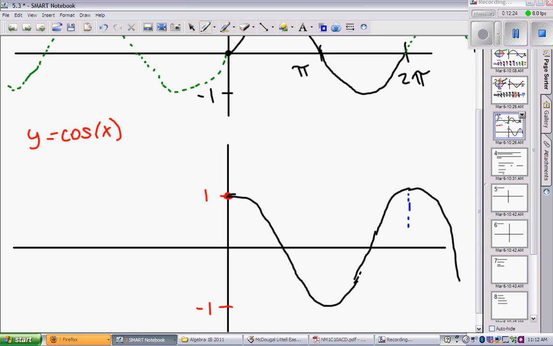So right here it peaked, so that is your 2 pi, that is your full rotation. Its lowest point we found was at pi, and we could continue this the other direction as well.